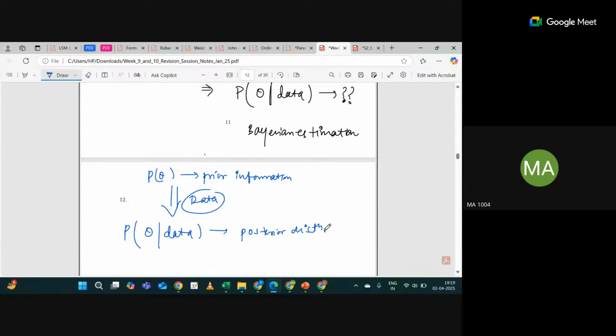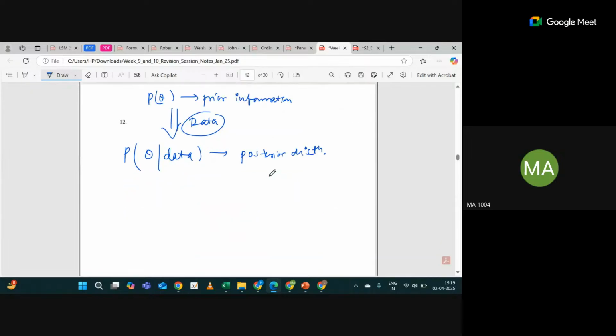In some books you may have seen the posterior probability, prior and all. So what this posterior represents, you can think a bit from here. This posterior distribution represents the updated knowledge.